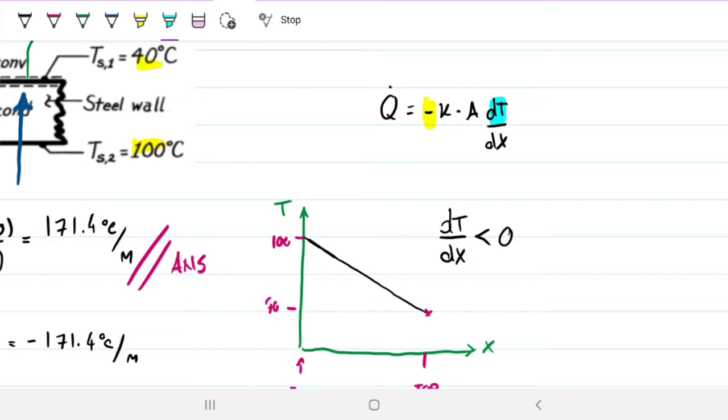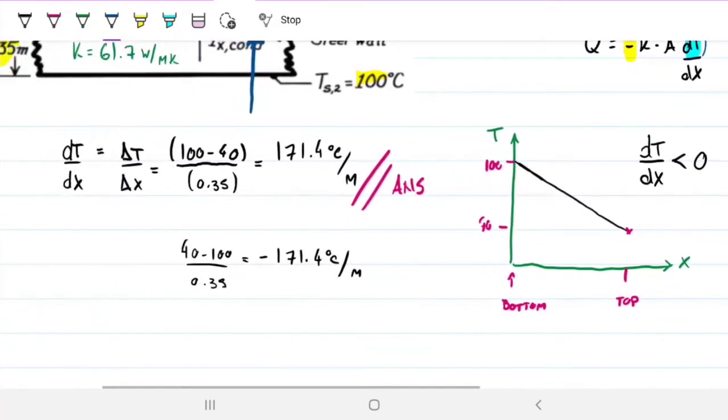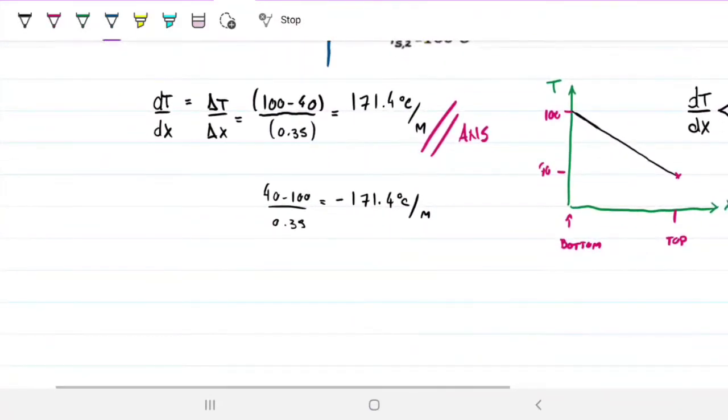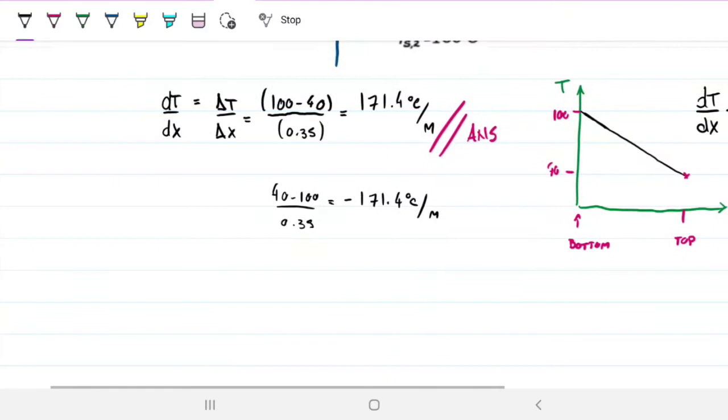Every single time, this number would be negative, because in this case it's 40 minus 100, so the negatives cancel. But because students generally get very confused with this, I say always keep this number positive, the greater minus the smaller, so you can lose this sign and avoid mistakes. But in this case, the gradient has to be negative because it's decreasing.